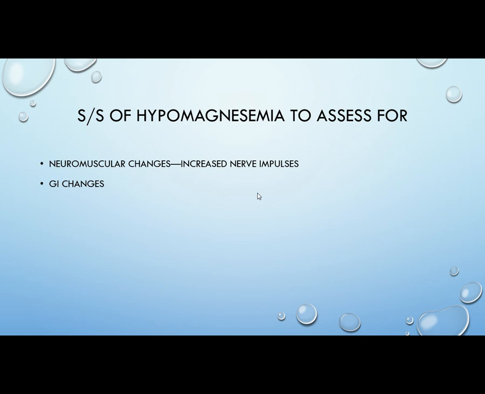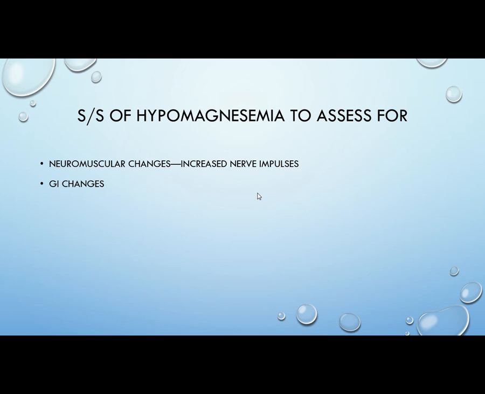Magnesium inhibits the impulse transmission normally, so decreased magnesium levels are going to lead to increased impulse transmission from one nerve to another nerve or from nerve to a muscle. The patient will exhibit hyperactive deep tendon reflexes, numbness and tingling, and painful muscle contractions.